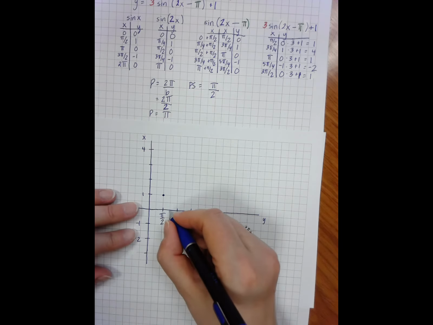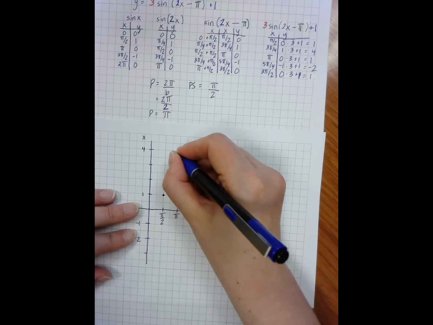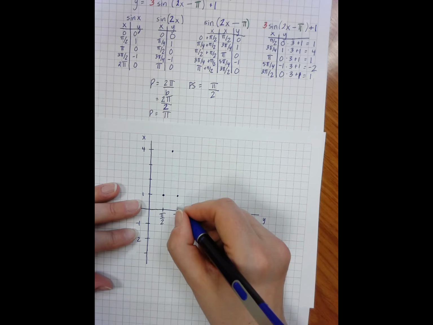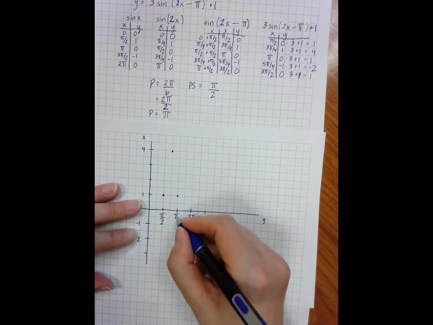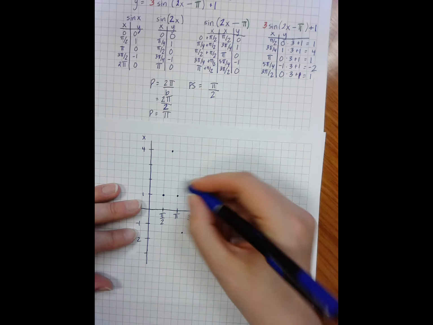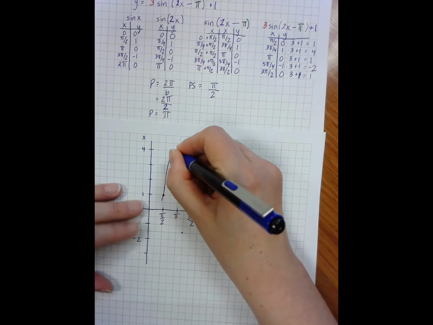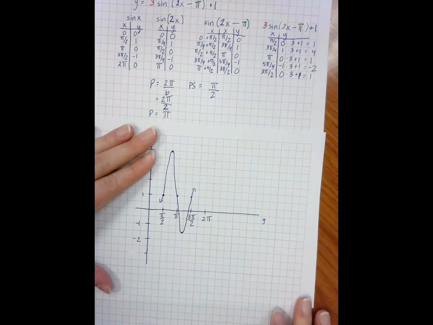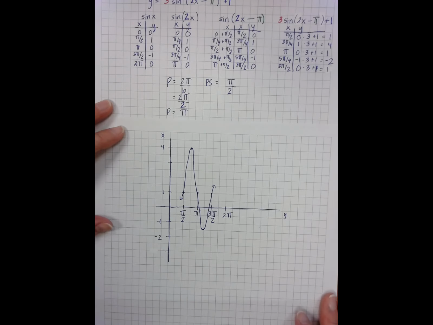And then the next one, I'm going to be at 4, back down to 1, down to negative 2, and back up to 1. And so my graph looks like that.